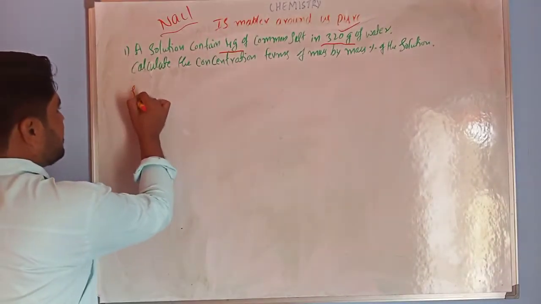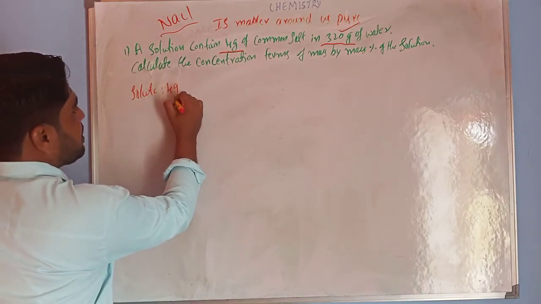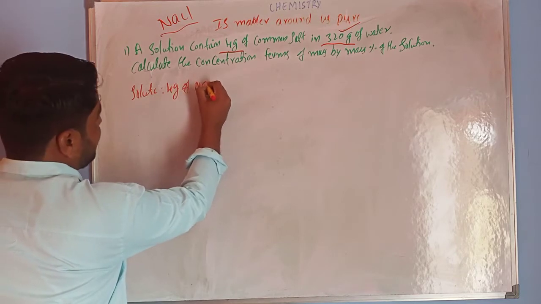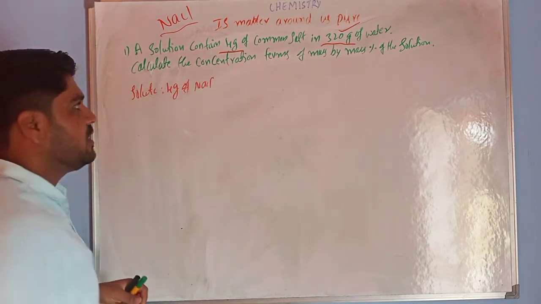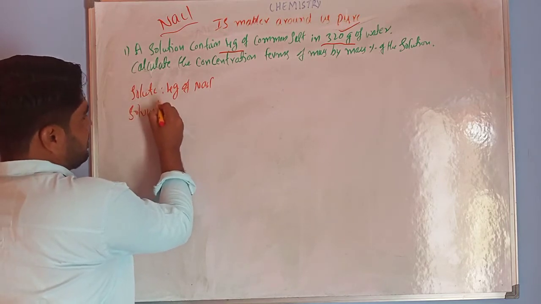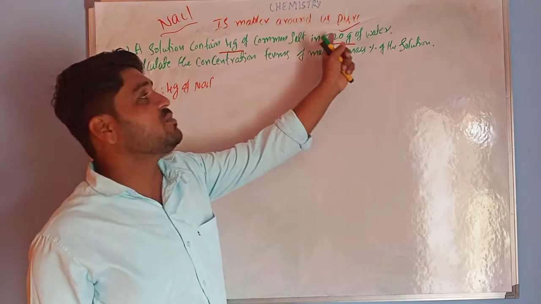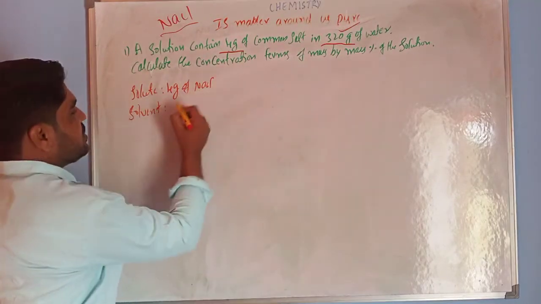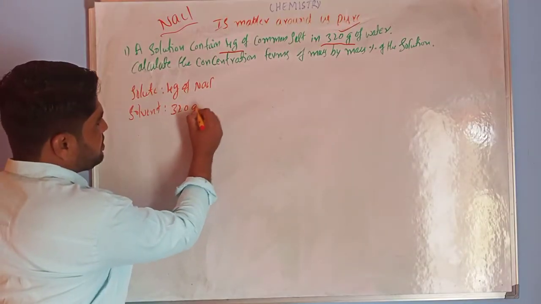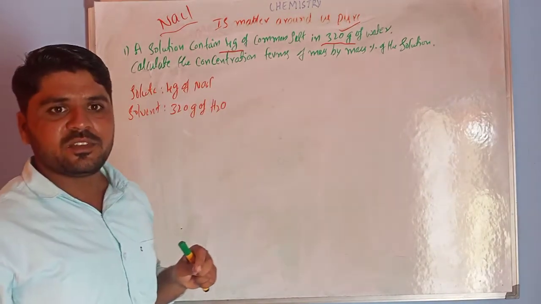So solute is NaCl, common salt. How to identify solvent? The maximum quantity. So solvent is 320 grams of water.